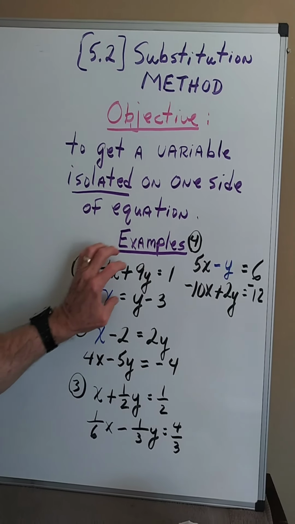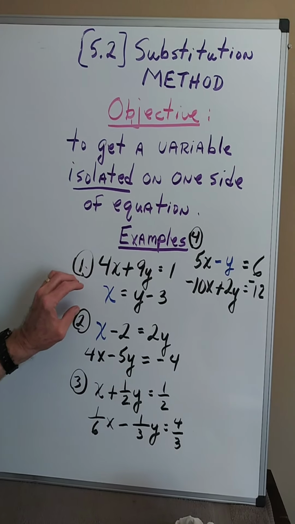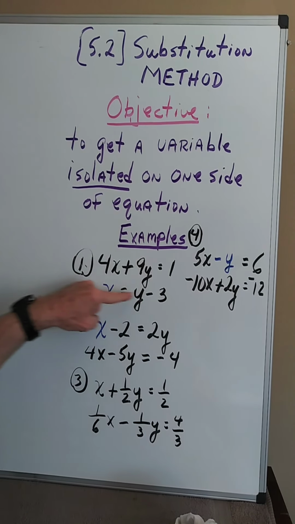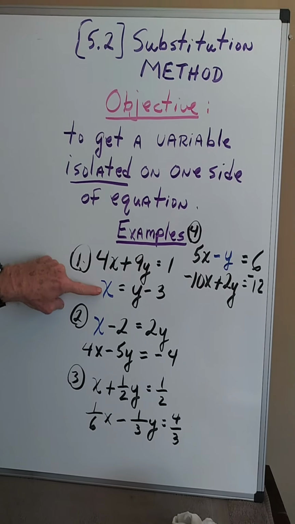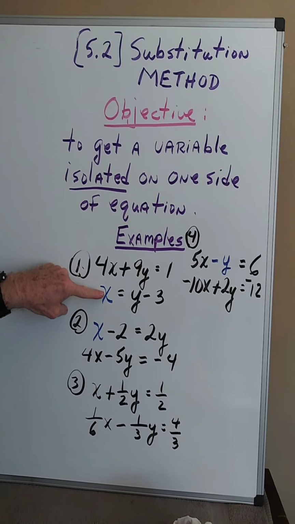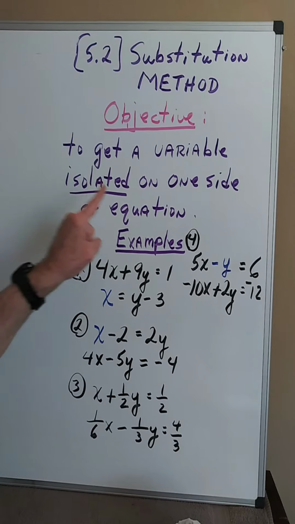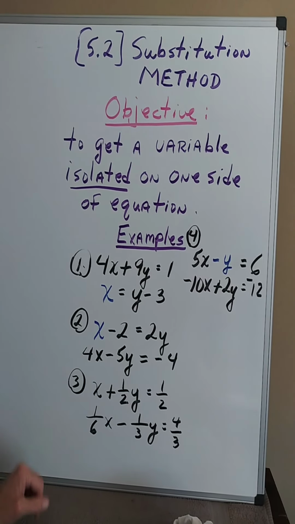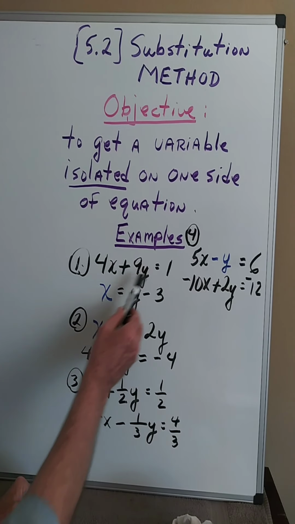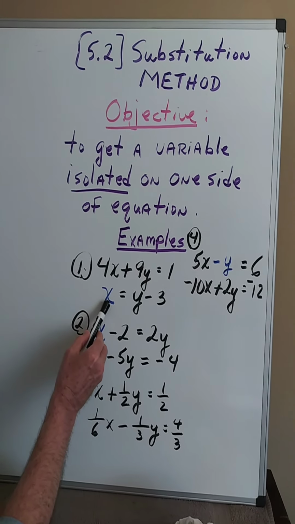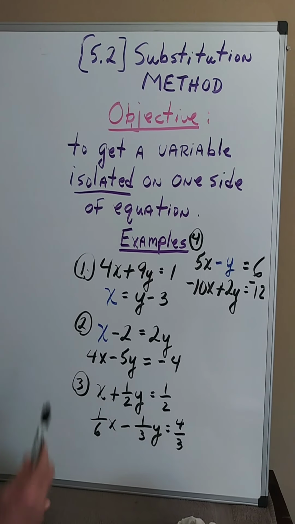That's why all the rest of the numbers were in black, but the x is in blue, because equation number 2 has already been solved for one of the variables. We want to get the variable isolated on one side of the equation. On system number 1, the variable x is already isolated on one side.